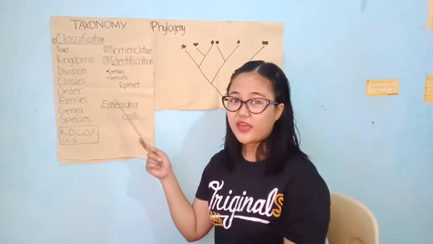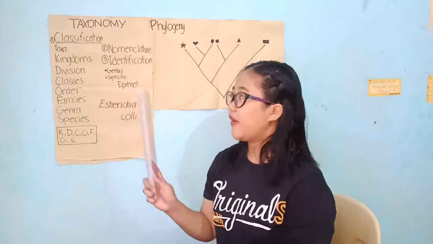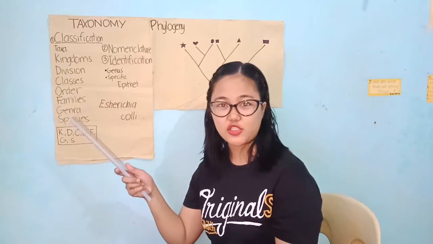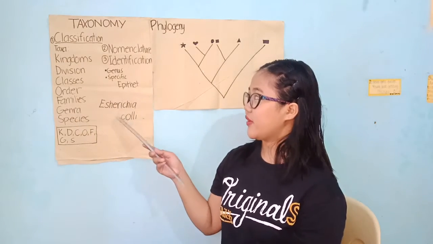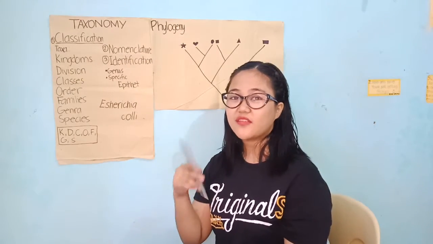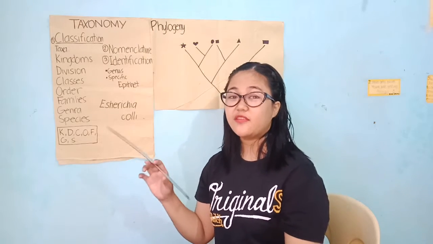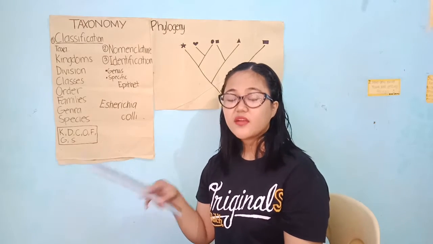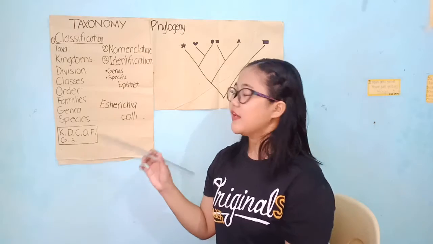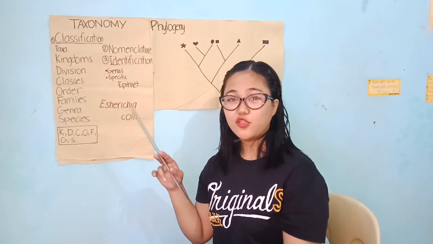In identification, taxonomy was established based on the binomial standard of nomenclature of the 18th century. As I said earlier, nomenclature is the standard. The binomial standard was developed in the 18th century by Carolus Linneo.